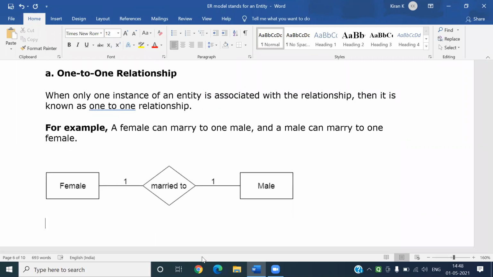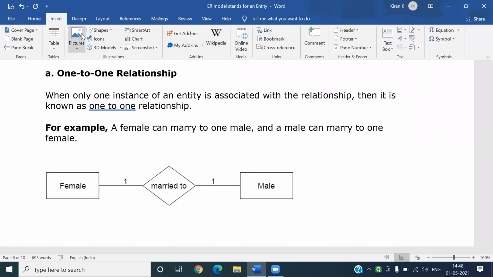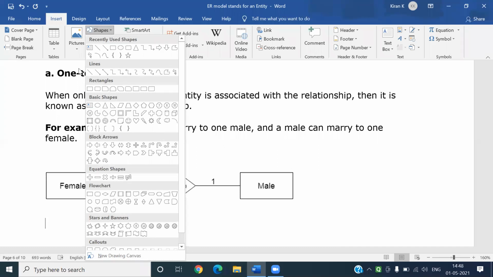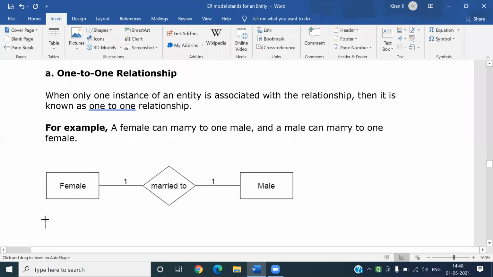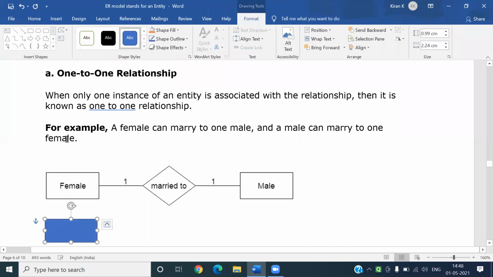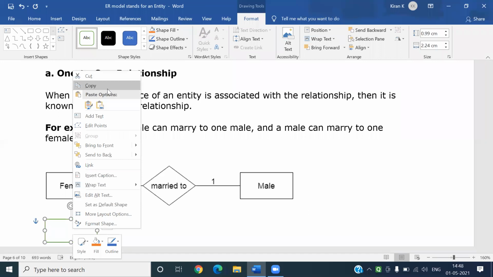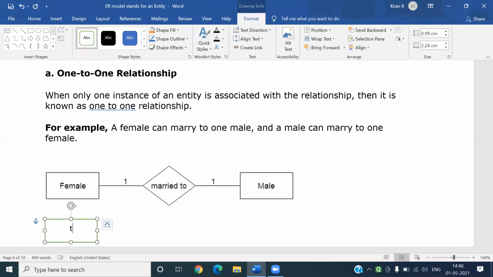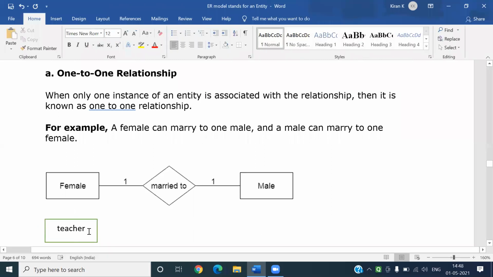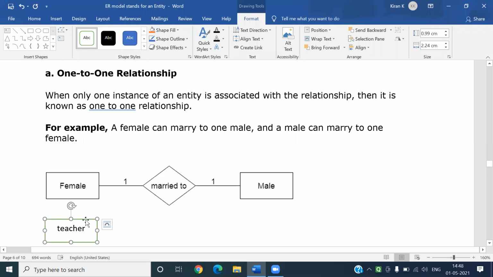What is a teacher? A teacher teaches. This is teacher, and this is subject.